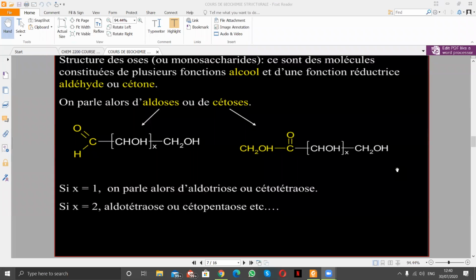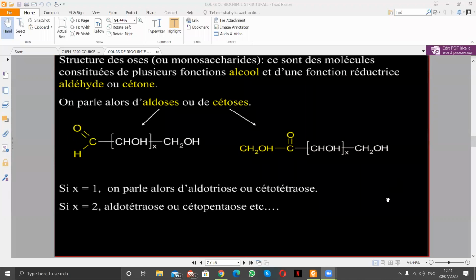So does that mean disaccharides are a category within oligosaccharides, or a category on its own?